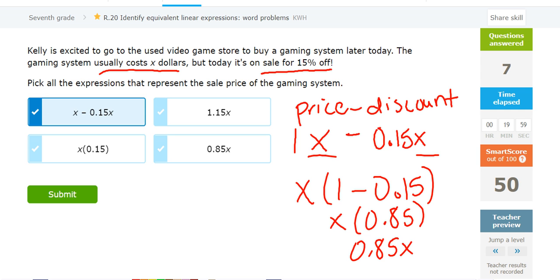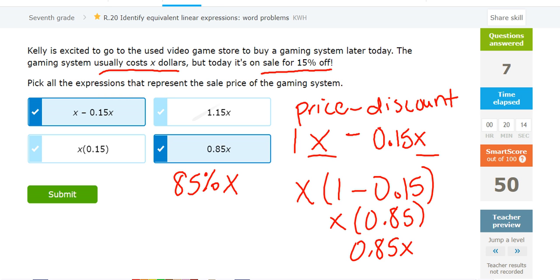You could also have thought about it this way: if I was supposed to pay 100%, but I took 15% off, that means I paid 85% of x, which would automatically take me to my other solution.